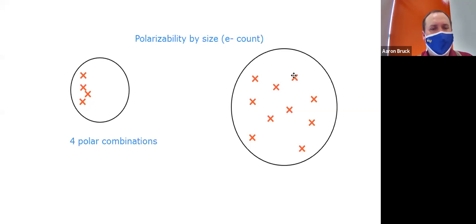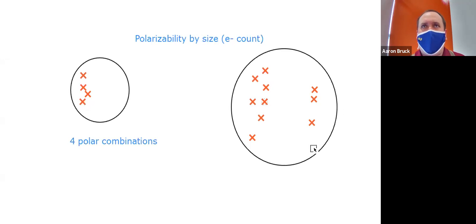But with 10, there are really only a couple of combinations that are nonpolar, and many more that are at least slightly polar. I could have 6 on one side and 4 on the other side. I could obviously flip those around. I could have 7 on one side and 3 on the other.